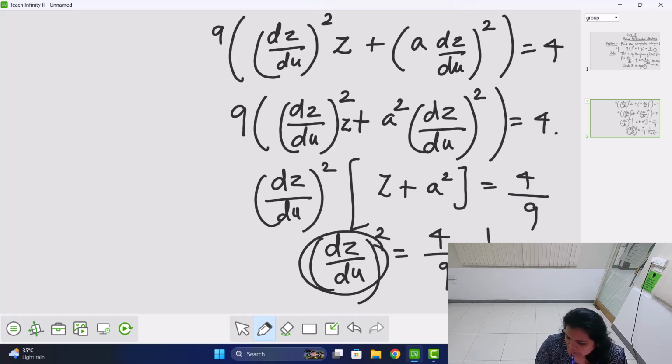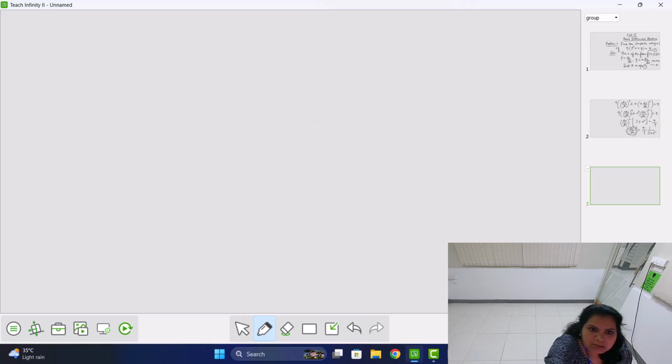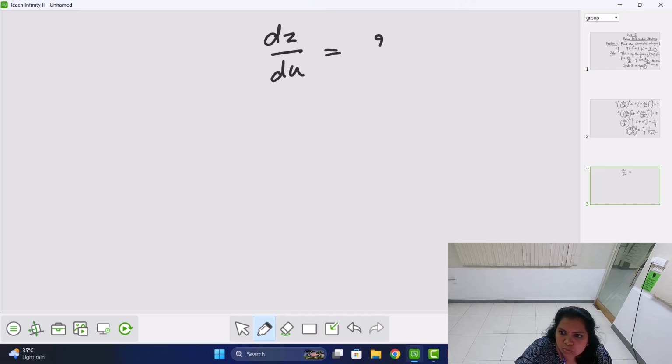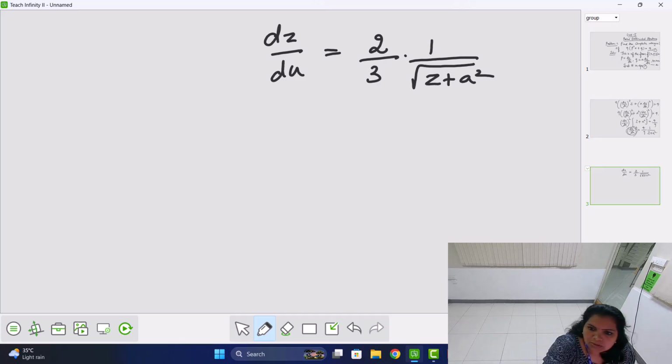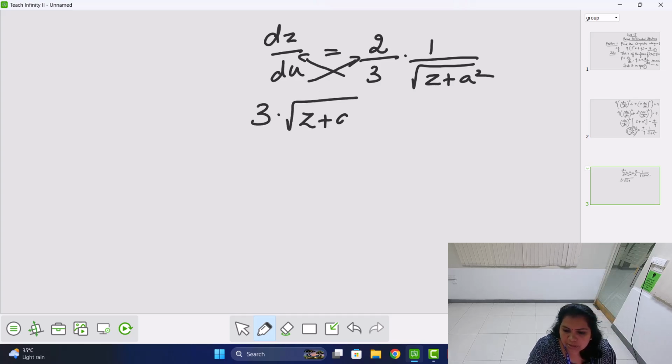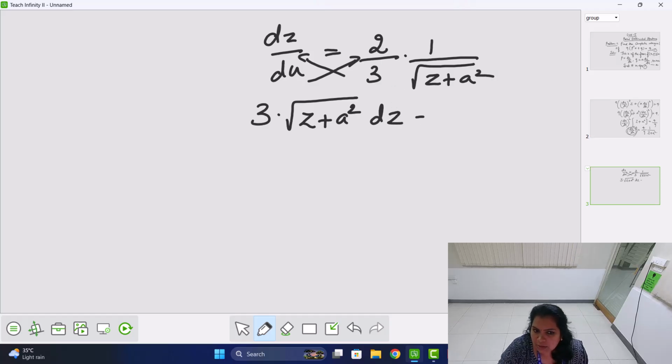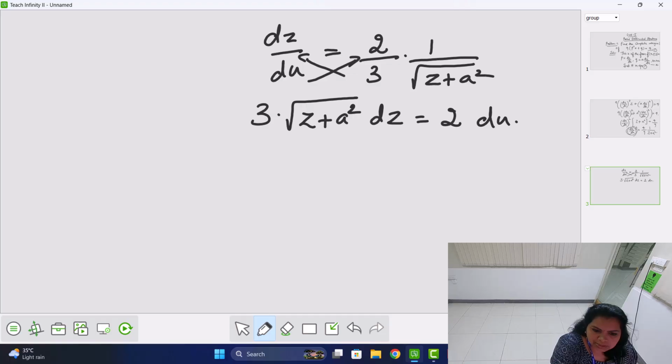Taking the square root on both sides, you get dz/du is equal to 2/3 times 1 by root of (z + a²). So cross multiply, we are going to integrate and find the value for z: root of (z + a²) dz equals 2/3 du.